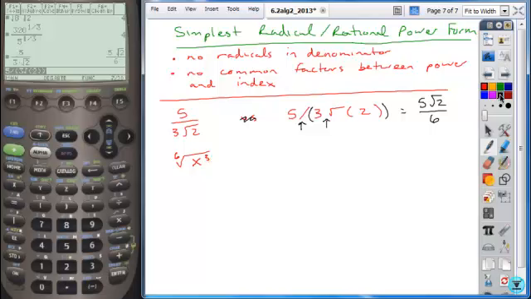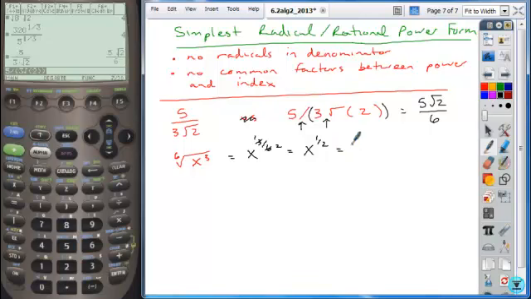It's easier to see when you convert it into rational power form. So x, the base of x, to the power of 3 divided by an index of 6. Well, what does that simplify to? 3 goes into 6 twice, so you get 1 over 2.